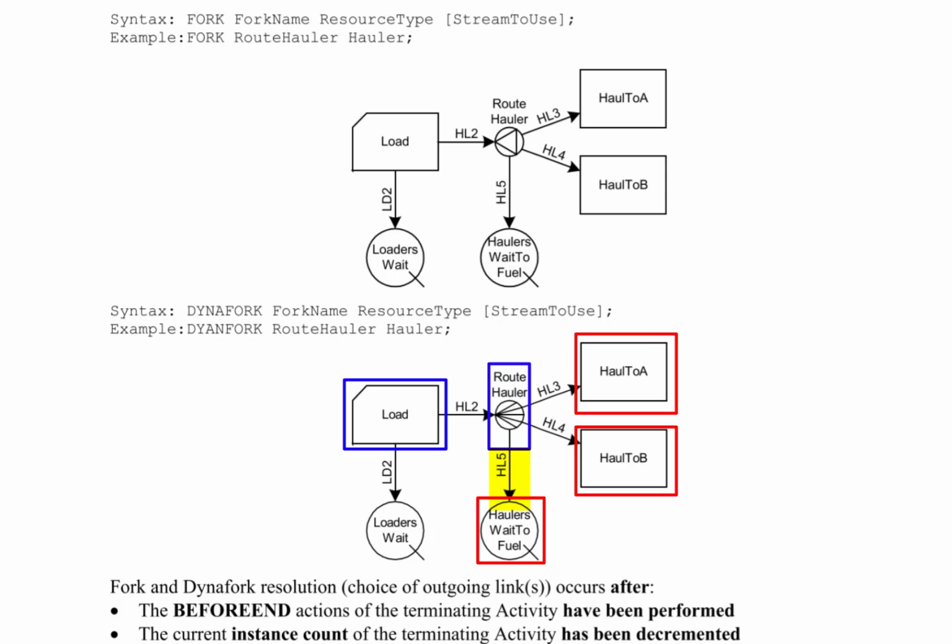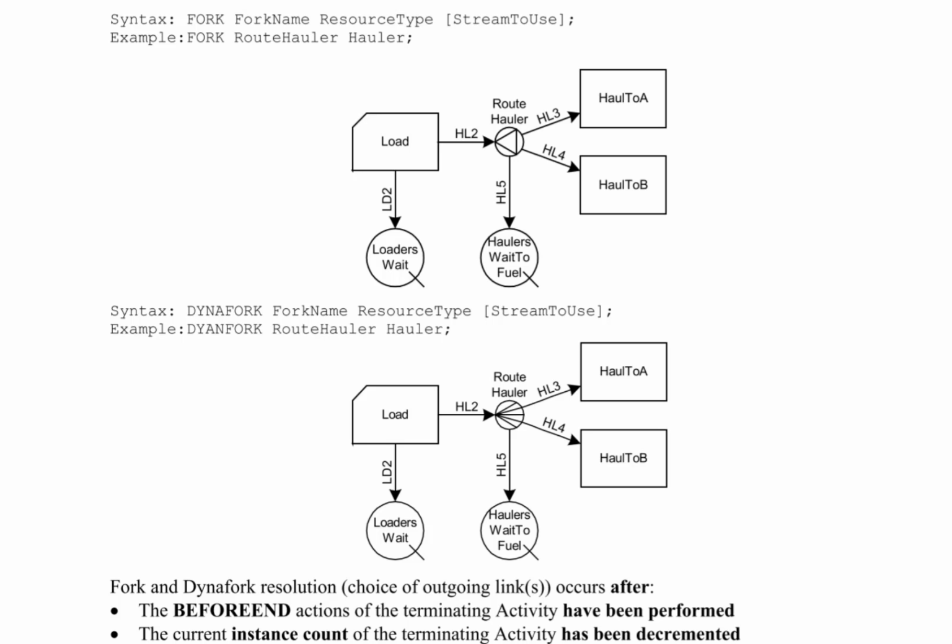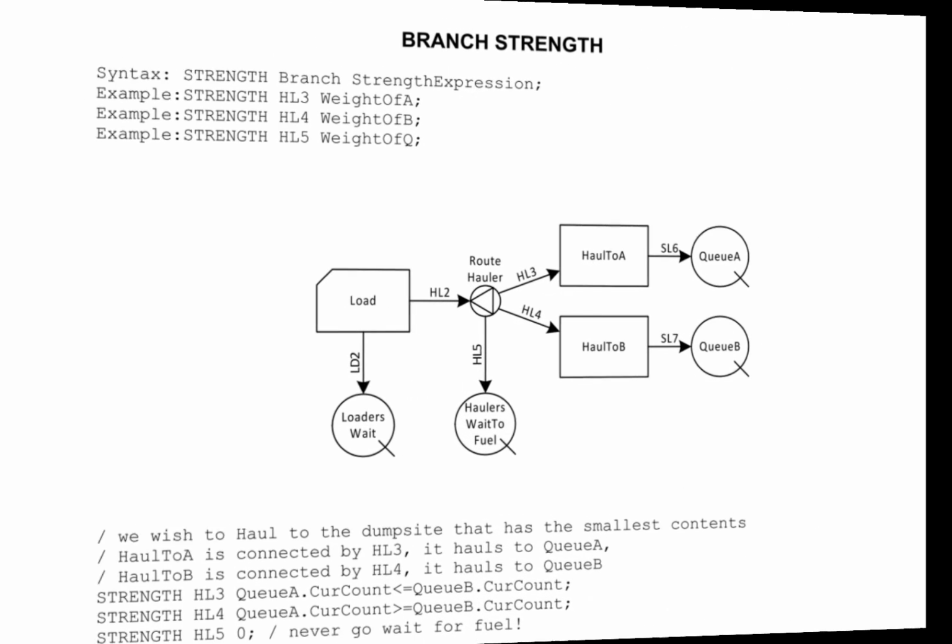If the hauler goes to the queue hauler's wait for fuel, then the instance of hold to A and the instance of hold to B will not receive any haulers. This creates the unusual situation where we have instances of activities that are supposed to represent hauling, and yet they do not contain a hauler. The conclusion from this discussion is that Dynaforks have to be used with care.